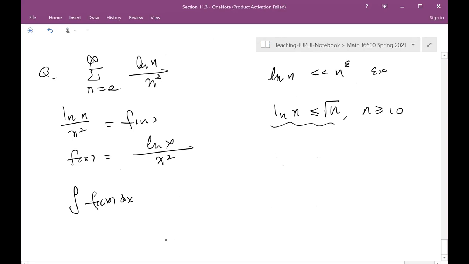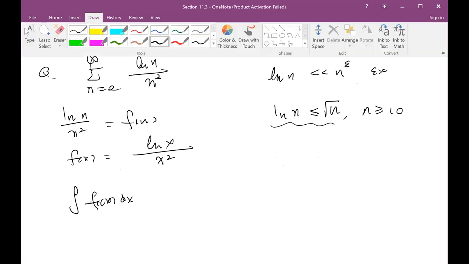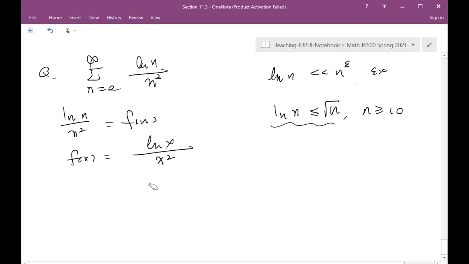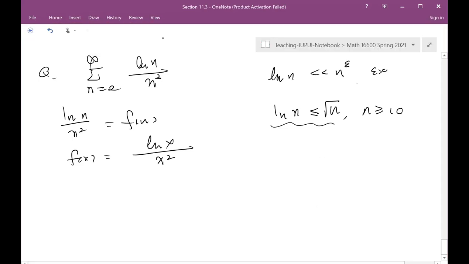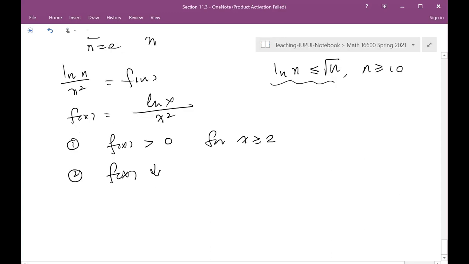The most important thing is we have to check whether this is integrable, whether you can evaluate the integral. So first, this function is positive for x greater than or equal to 2. Second, is it obviously decreasing? Not obvious. It's not obvious.